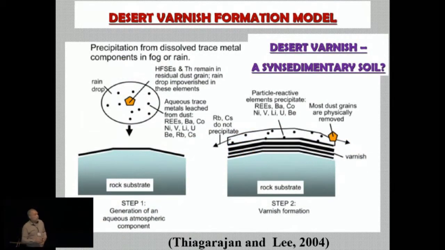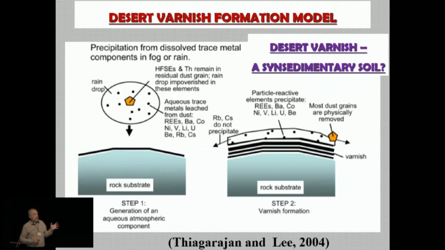So this is the model of the origin of desert varnish, mostly related to airborne particles, not to the rock substrate. A very complex model. You must remove the major part of this aeolian silt to produce this desert varnish. Anyway, this is the dominant model for the moment.